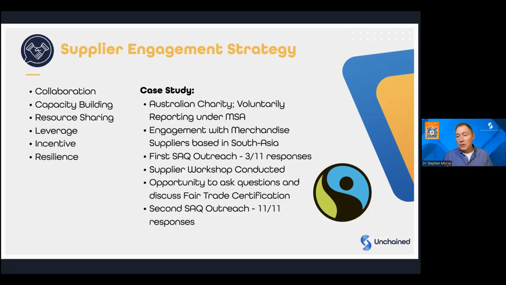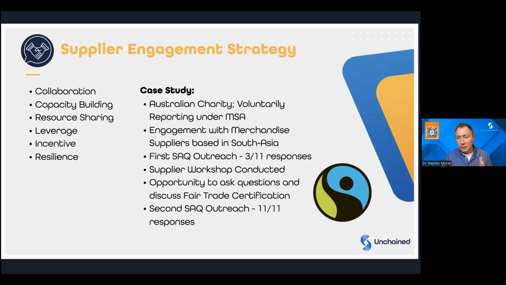This is what we'd like you to do. Let's walk through the SAQ. This is how you best understand. What are your questions? We really started the conversation from a more conversational approach, so that they could understand what they were actually being asked.